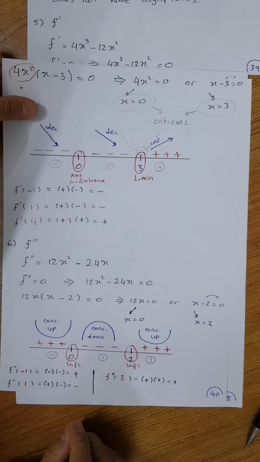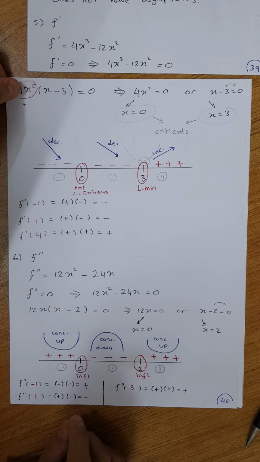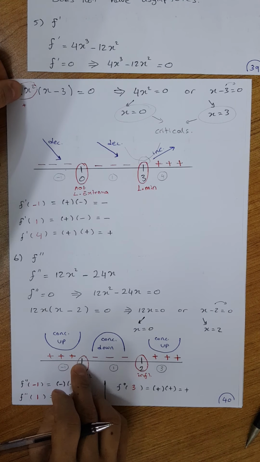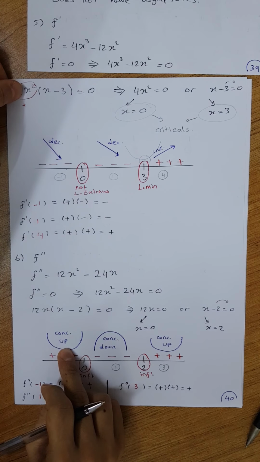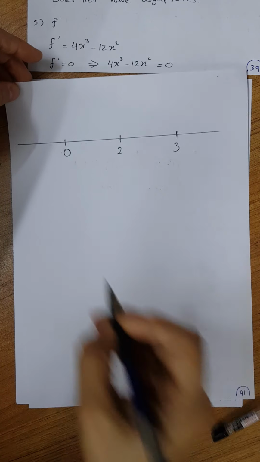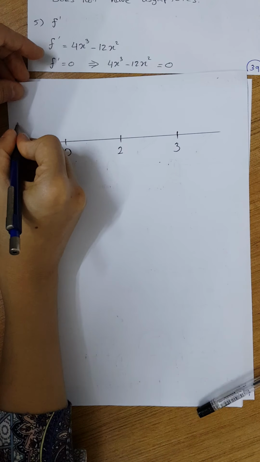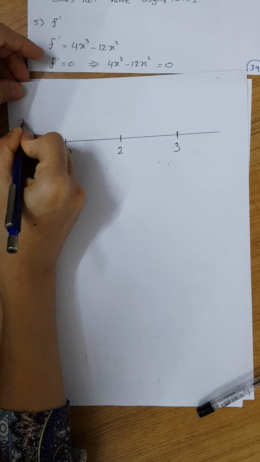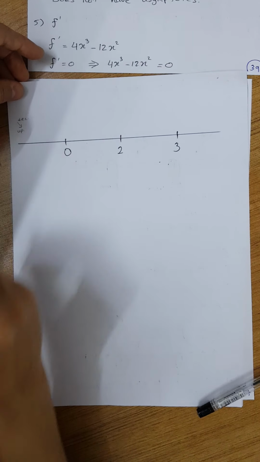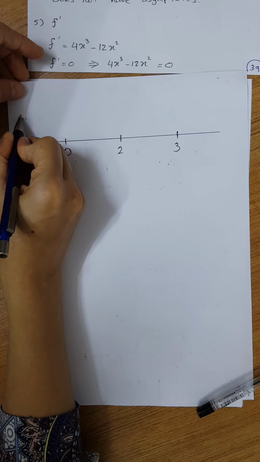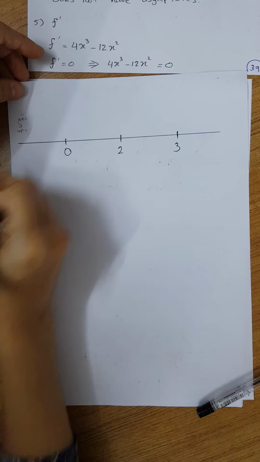I'm putting those numbers that I found here and those numbers that were in the second derivative on the same real number line. Now I will see from negative infinity to 0, the function is decreasing and concaved up. Okay, I will write it here. It is decreasing, and concaved up. So it is negative here and it is positive here.